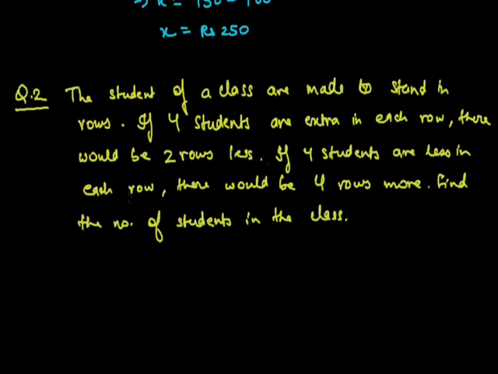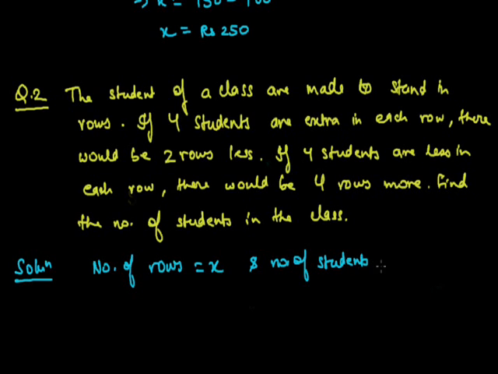For finding out the number of students, let's take the number of rows as x and the number of students in each row as y. So previously the total number of rows was x and the number of students in each row was y.